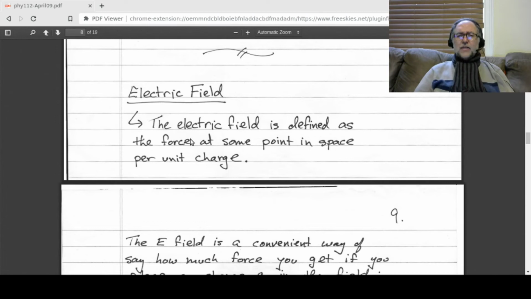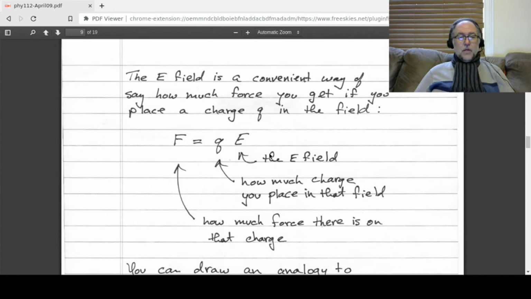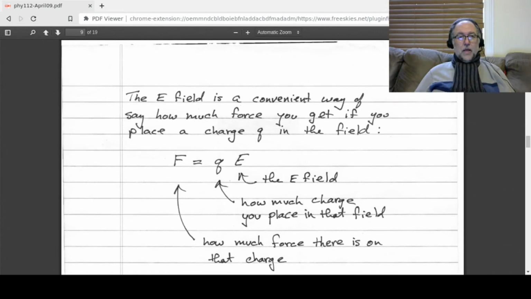Now why is this an interesting idea? To motivate that, I'm actually going to compare it to gravity, the gravitational field, which is g. For the electric field, you can write this equation right here. You pick a point in space and you say, what's the electric field there?